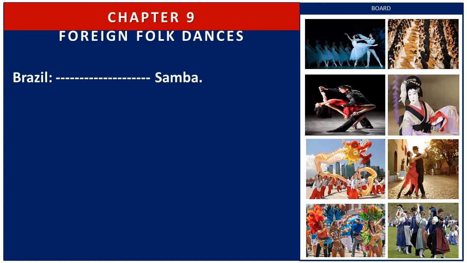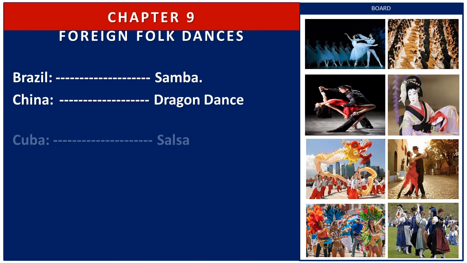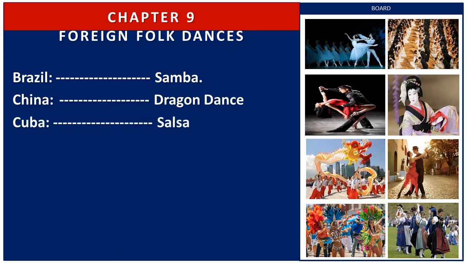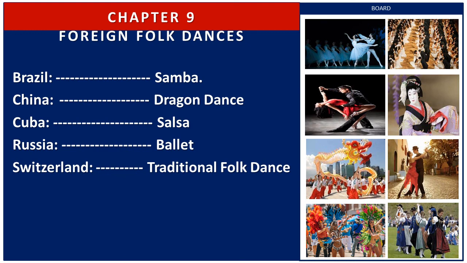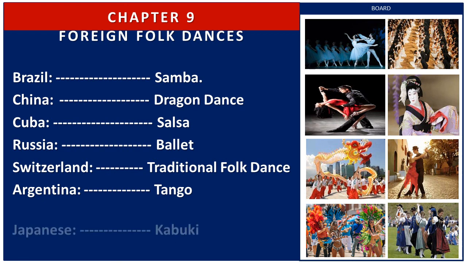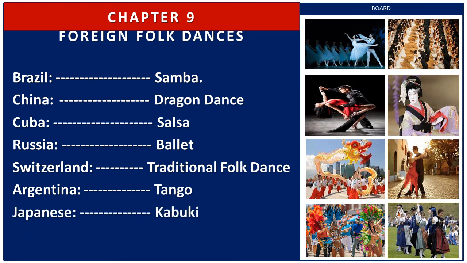Let us begin in Brazil, we have samba. China, dragon dance. Cuba, it is a salsa. Russia, we have ballet. Switzerland, it is traditional folk dance. In Argentina, we have tango. Japan, we have kabuki. Austria, we have Viennese waltz.